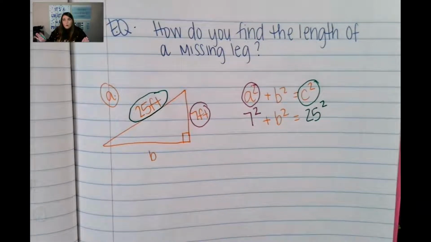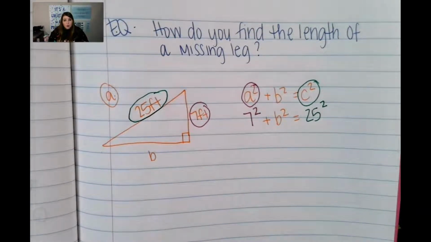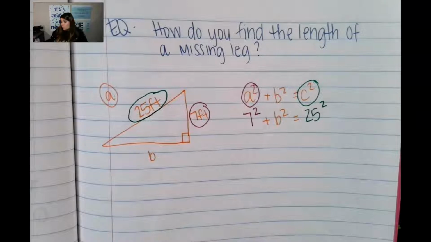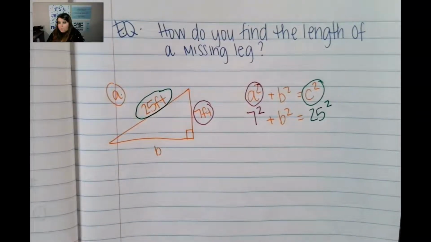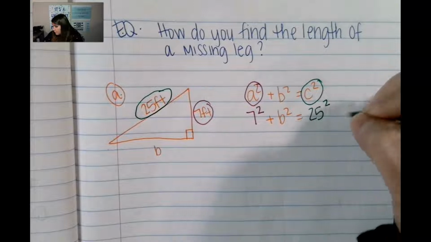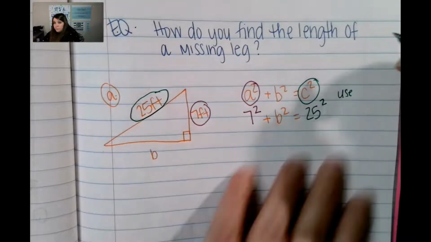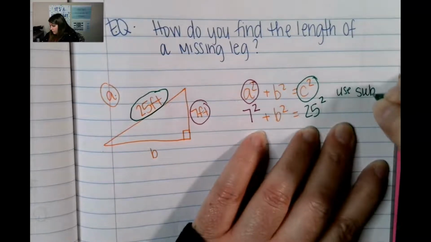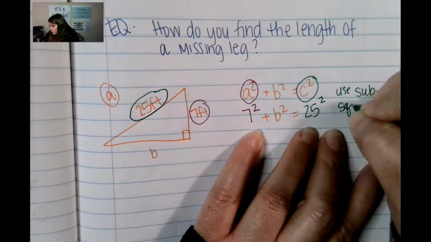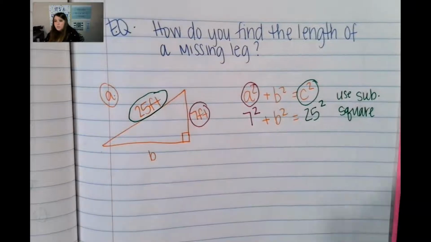Okay, so let's think again about our last lesson. In our last lesson, my next step was to square everything. So in this lesson, we're going to square all of our numbers that we know. So here we use substitution. And now we're going to square everything.